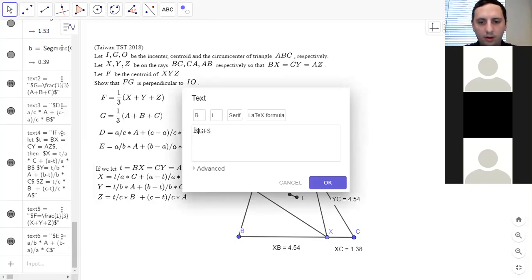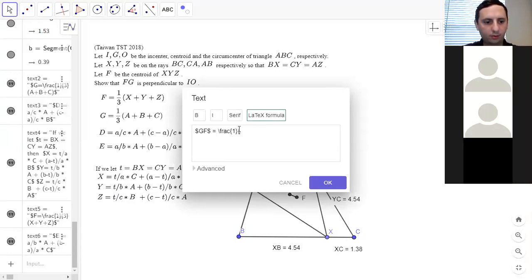I don't know how to do the little vector thing, but it's equal to a third of x minus b plus y minus c plus z minus a, and then things cancel, so that's equal to p times, let's see, we have one new message.